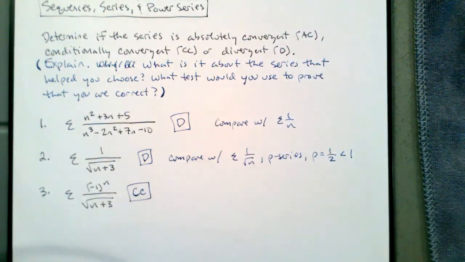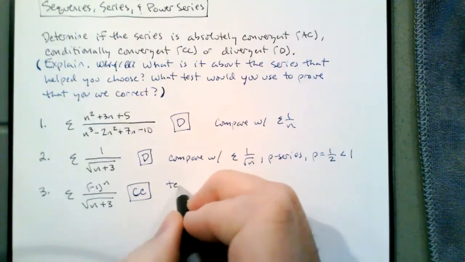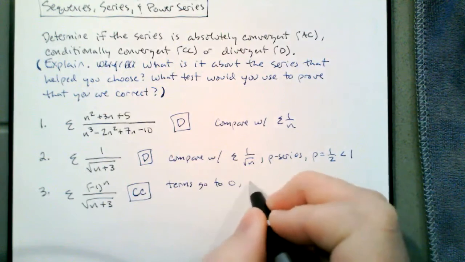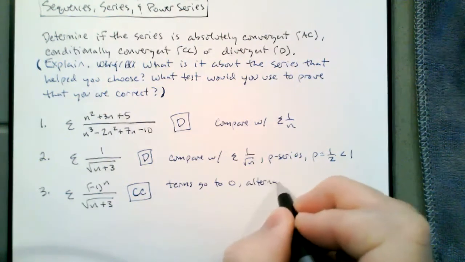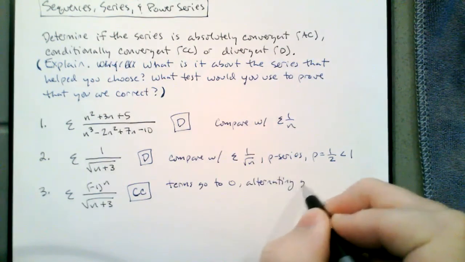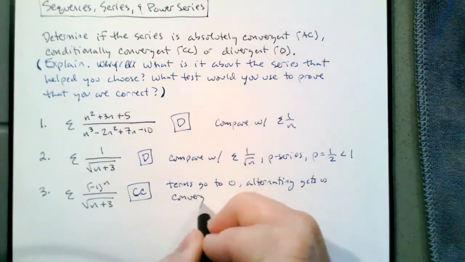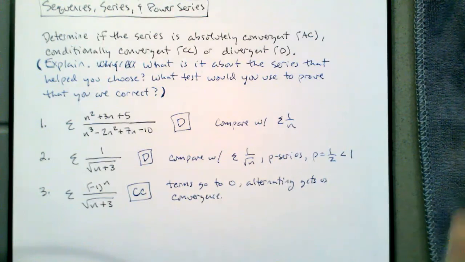So we're thinking that the 1 over the square root of n diverges, but the terms go to 0, and alternating will get us convergence.